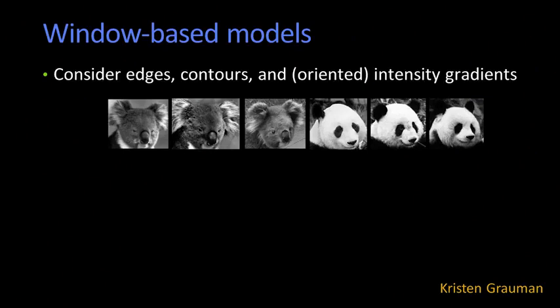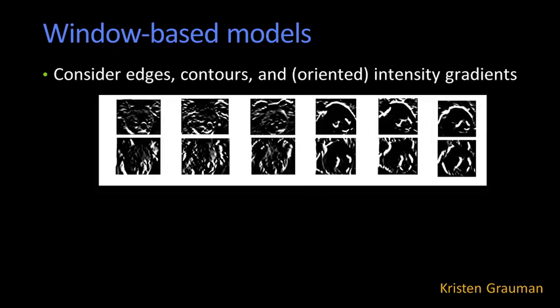So if we take our koalas and our pandas, we can consider edges, contours, the idea of these intensity gradients. Those things tend to stay where they are if I change the intensity. But of course, we do have this problem that as I move the image just a little bit, I might get shifts in the location of where those pixels are.